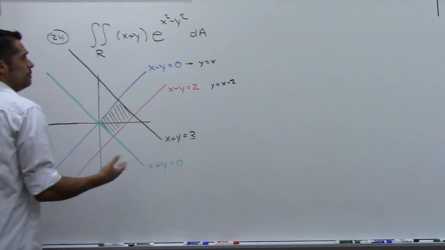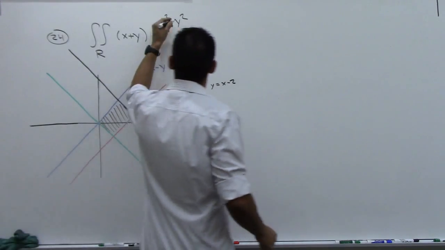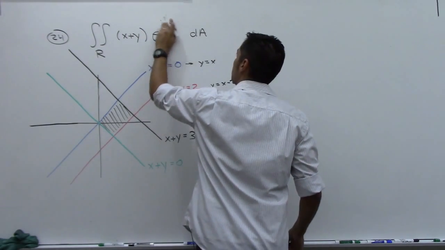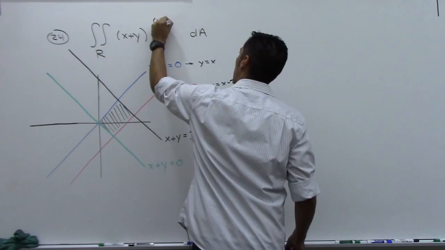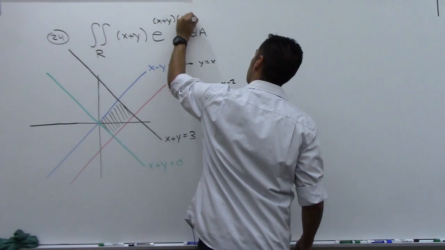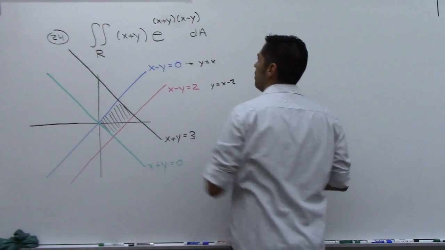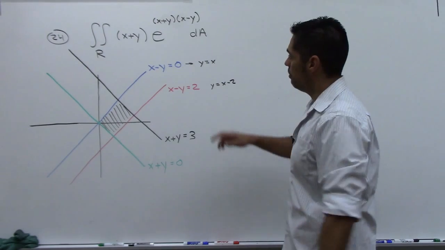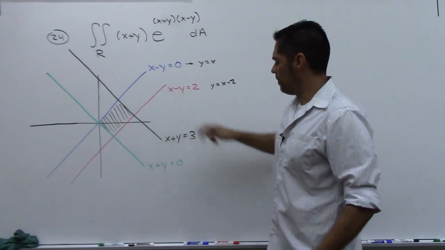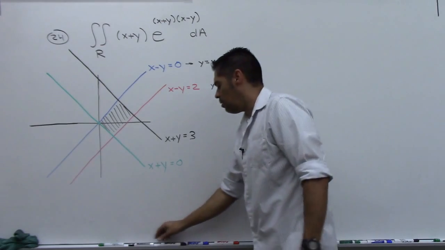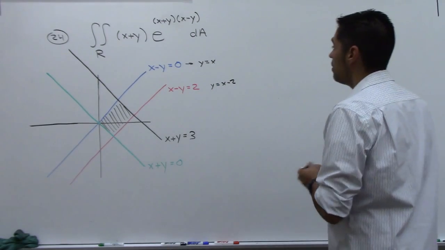And if you take the difference of squares here, remember x squared minus y squared is the same as x plus y times x minus y. So maybe x minus y would be a good candidate for a transformation. And notice x minus y appears here also. So there's something in the problem that should hopefully lead you to some sort of guess.